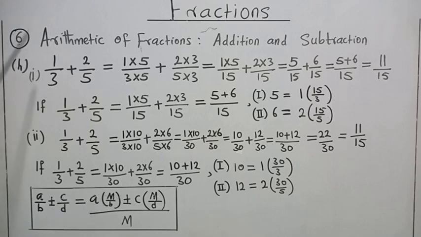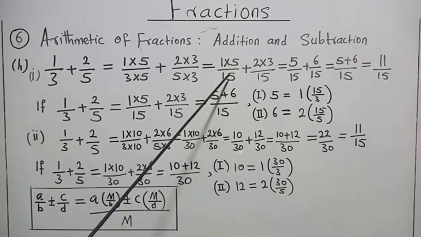In this first line of operation, we used 15 as their common multiple. That means that in this first line of operation, M was 15, just like you can see. And in the second line of operation, the M was 30, as you can see.